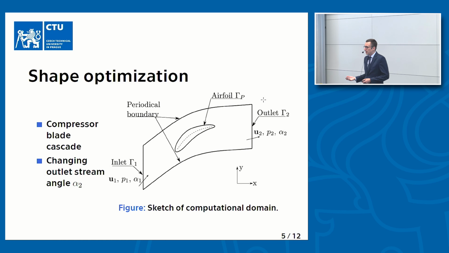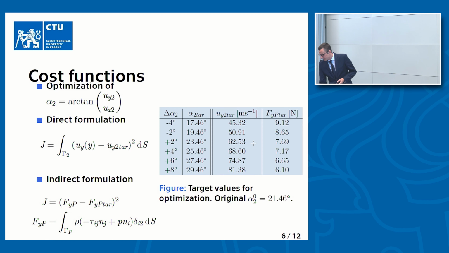We will be trying to change the outlet stream angle alpha 2 as defined here at the outlet boundary, which is an important parameter when designing turbomachinery, because the following component, for example after the compressor, usually has a set desired inlet angle of stream, and therefore we sometimes need to change it in the component before. So this is what we will be trying to do.